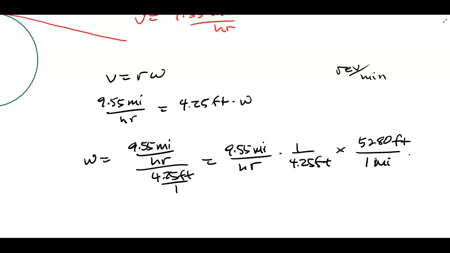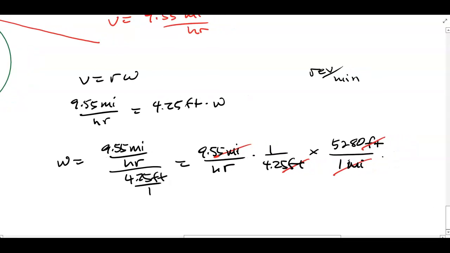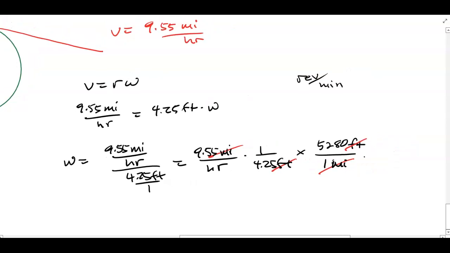So I've gotten rid of the miles and the feet. And now I probably need something else. I need revolutions per minute. So now I got to get rid of the hours. There is 1 hour in 60 minutes.